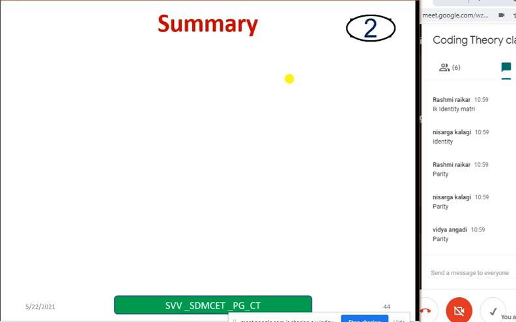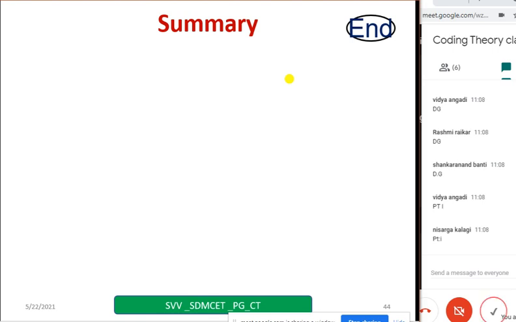C equal to, can you type in the chat box? C equal to DG. And H equal to P transpose I, correct.